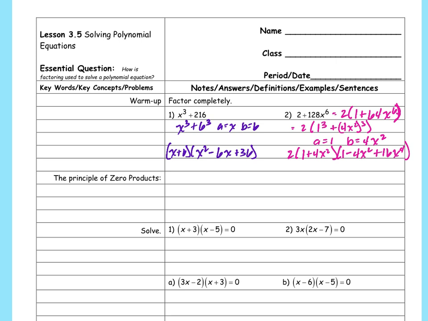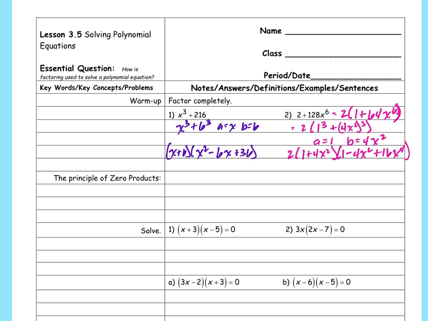So next, we're just going to go on to solving. This is pretty easy if you were able to factor everything yesterday. Some things are easier than others, but we're going to solve now. In order to solve, we use what's called the principle of zero products. Let me look at my notes.